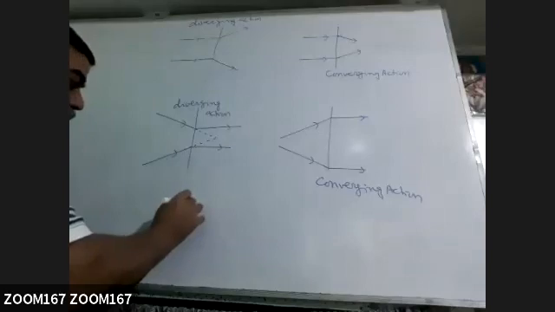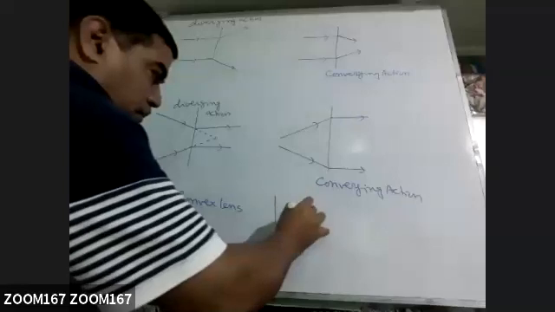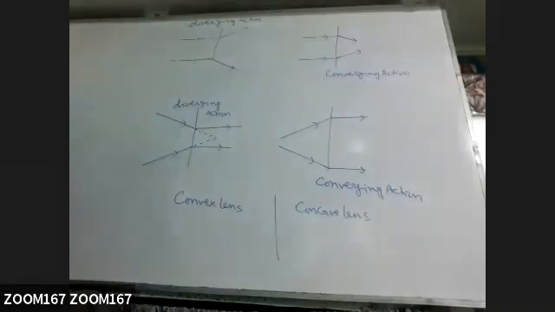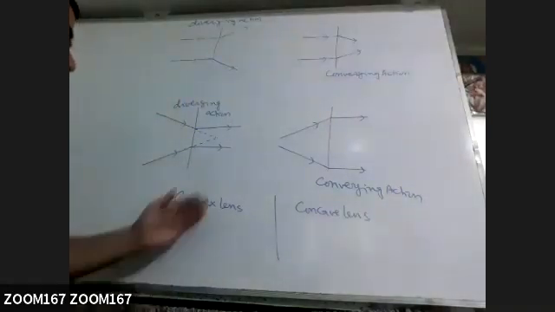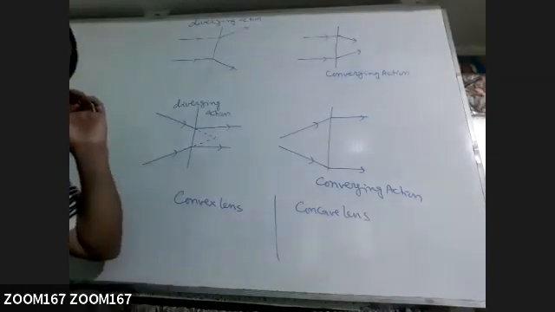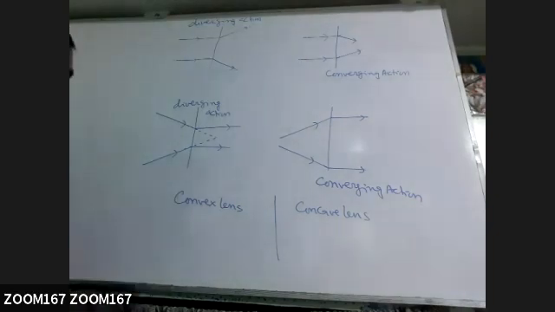So if you are asked to give two differences between convex and concave lens, some others will also come afterwards. According to the construction, the thickness of the convex lens will be maximum at the center and minimum at the periphery. For the concave lens, the thickness is minimum at the center and maximum at the periphery.